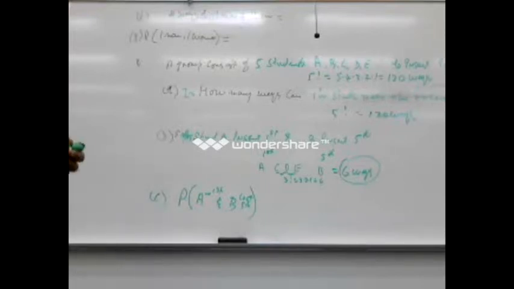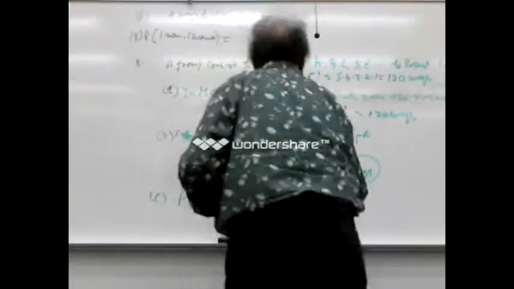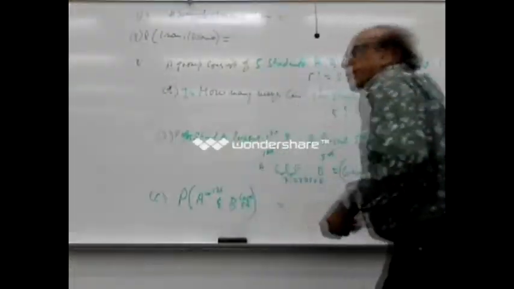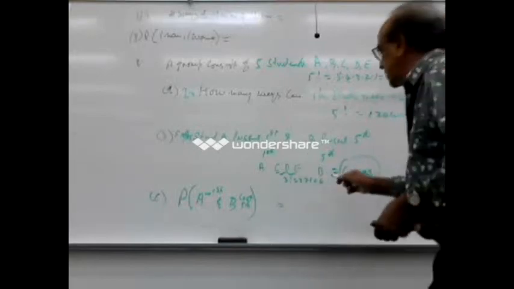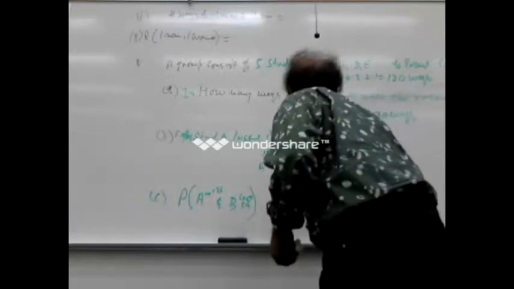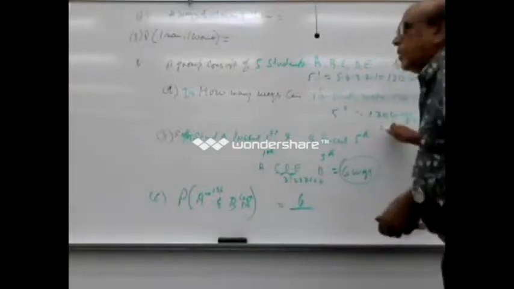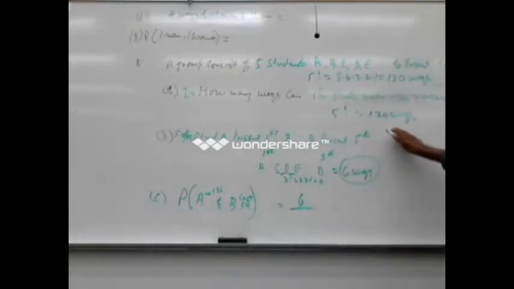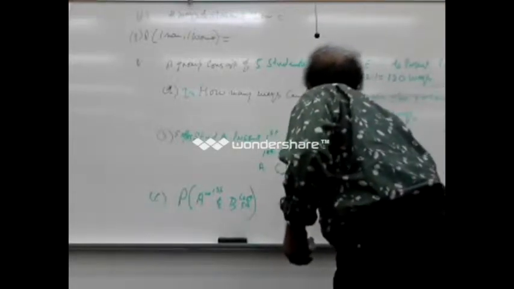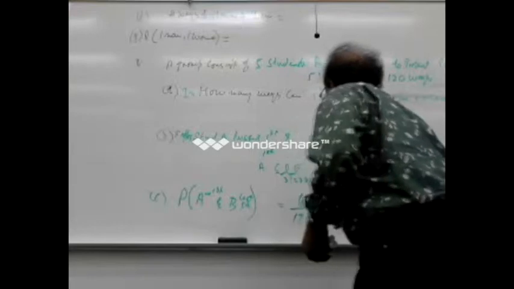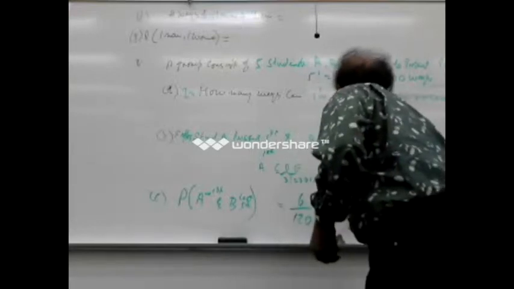So then, to do this, it is going to be equal to the 6 ways in which A can go first and B go last. So this is going to be 6 over the total number of permutations of 5 students, which we found in item A to be 120. And if we reduce that, this is going to be 1 over 20.